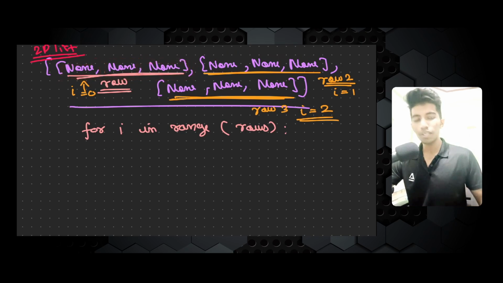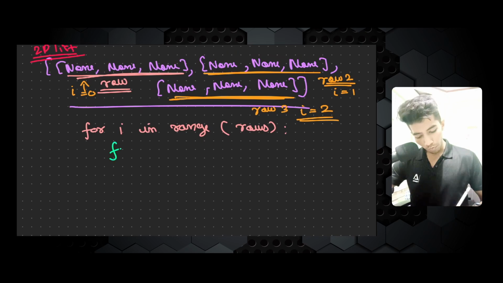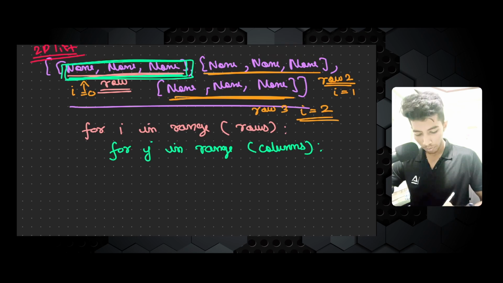To access this, we will use one more for loop here: for j in range of columns. Now we will travel into this one by one.